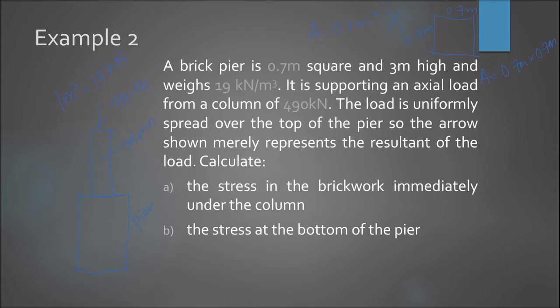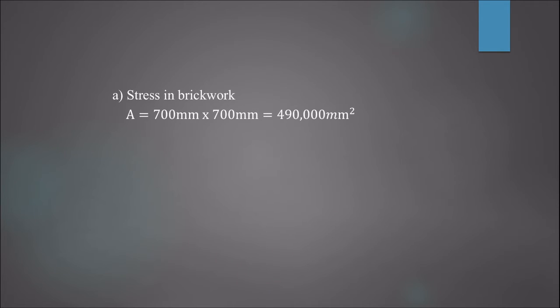It means we must follow the size of the pier, because the brickwork is the pier, okay, not the column. Right, so at this pier, immediately under the column. Okay, at this area, immediately under the column. Okay, that is what is asked. We calculate the area. Okay, you know that 700 by 700.